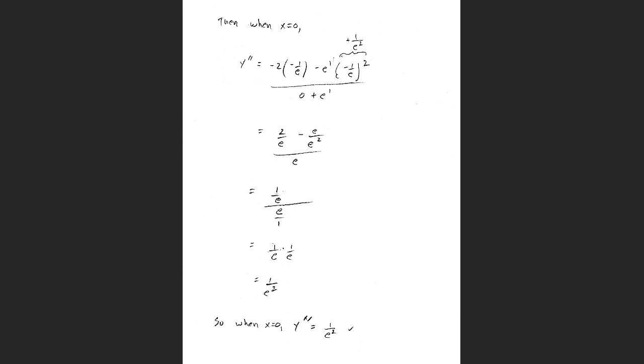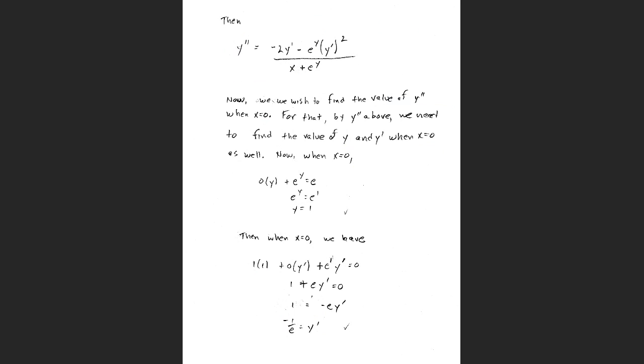Remember again that this is our second derivative. We want to find its value when x equals 0. Well, now we know y prime equals negative 1 over e when x equals 0, and y equals 1 when x equals 0.